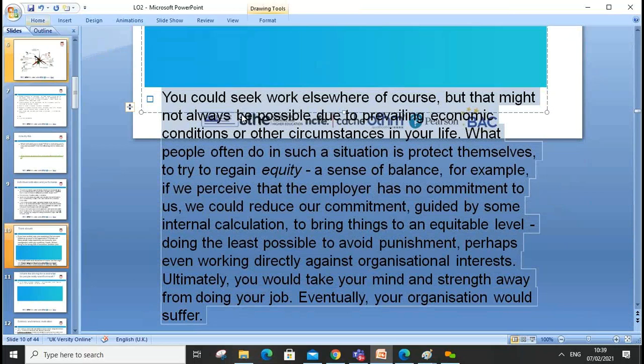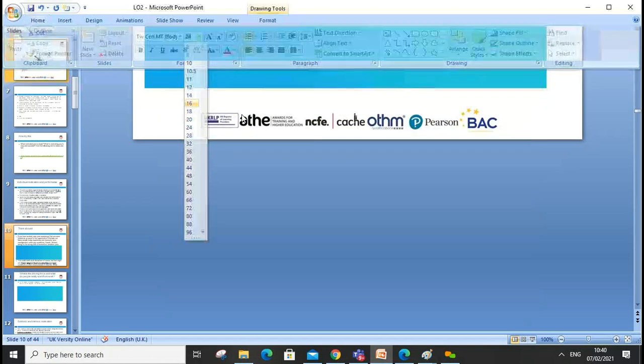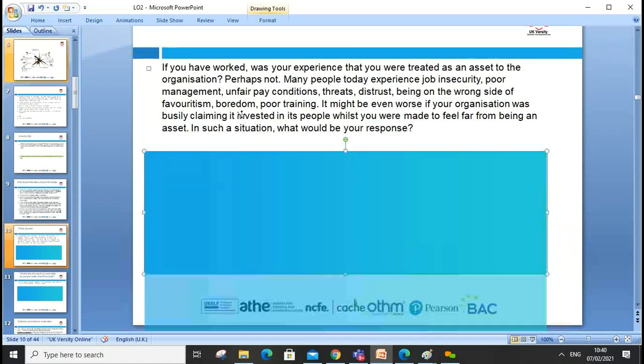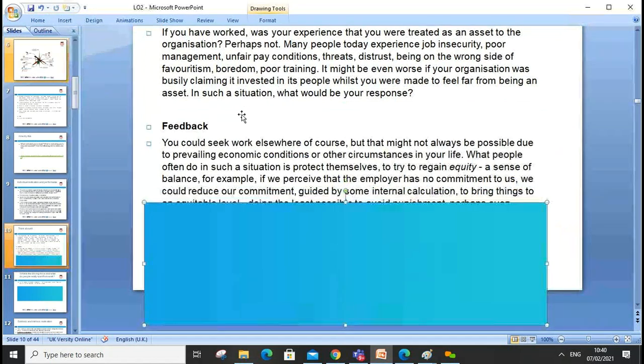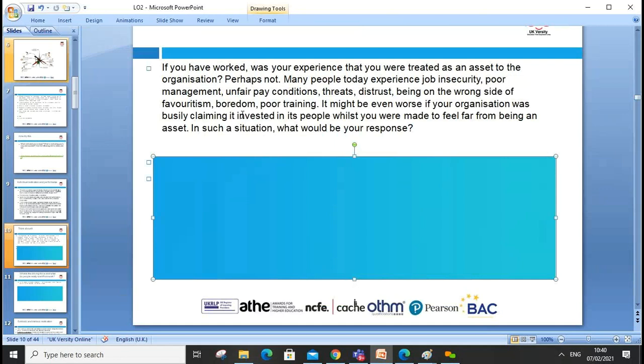You can reflect on your own experience, whether you are motivated or not. I copied the feedback underneath. You could work elsewhere, of course, but you might not be able to, due to the prevailing economic conditions, or they don't pay you a fair wage, or the working conditions. So please go through these questions, that will also help you enhance your understanding.